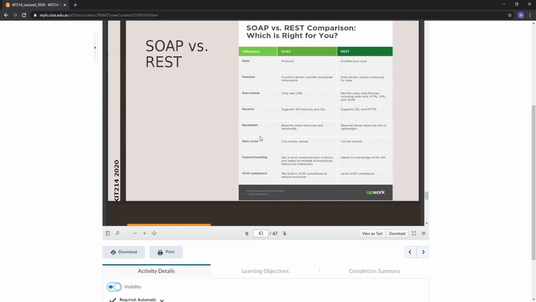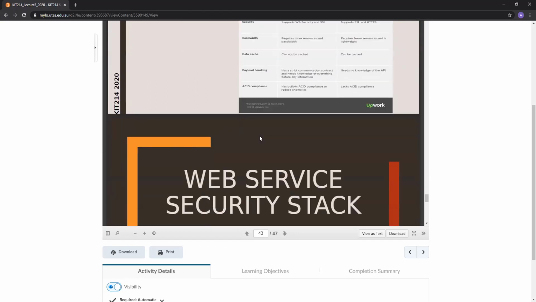So processes, yep, you can do the comparison as well.